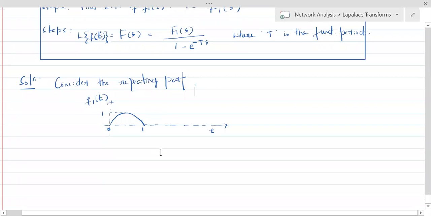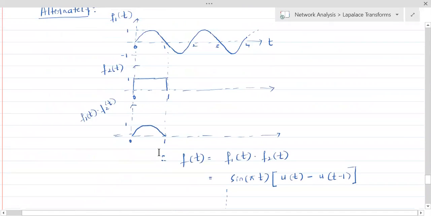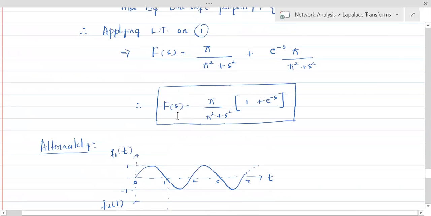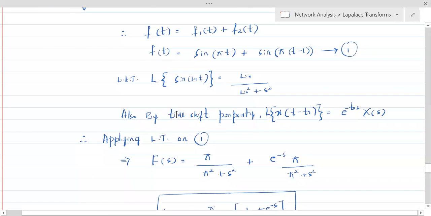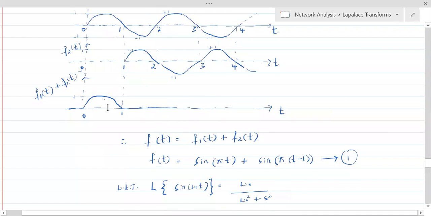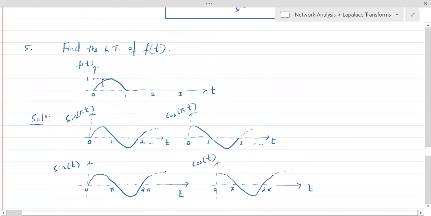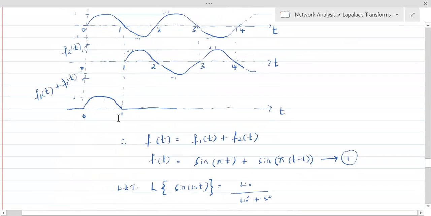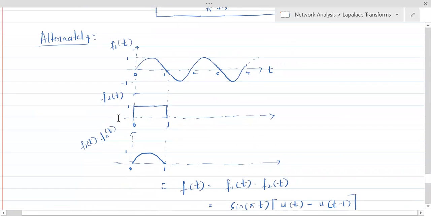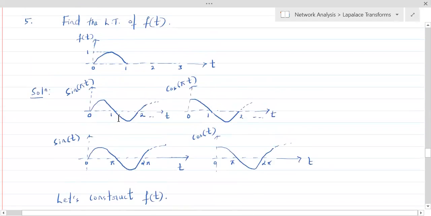Have you seen this part earlier? Yes, in the last problem that we solved, we obtained the Laplace transform of this particular signal which we have considered now. Since I already have obtained the Laplace transform of this, I'll just be copying it from problem number 5.